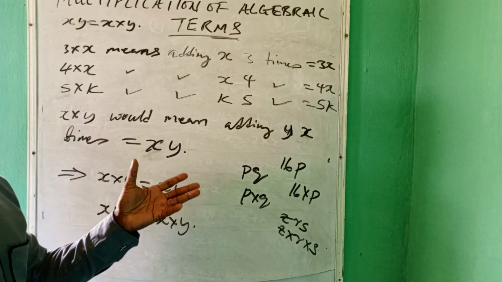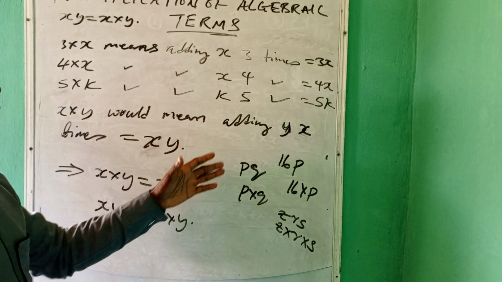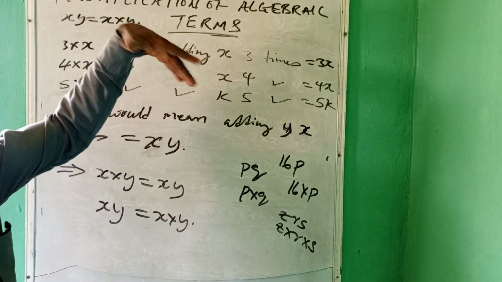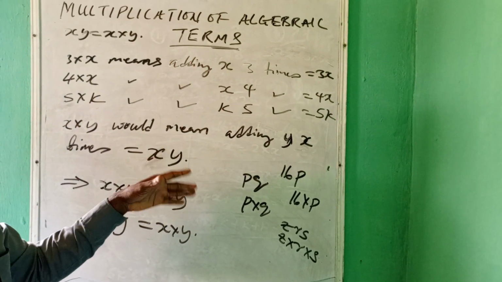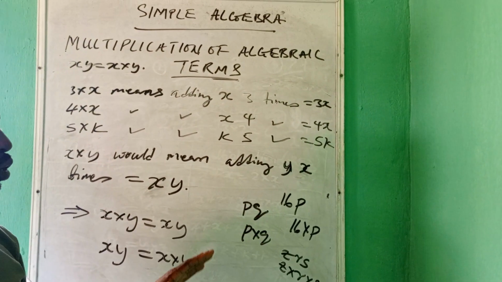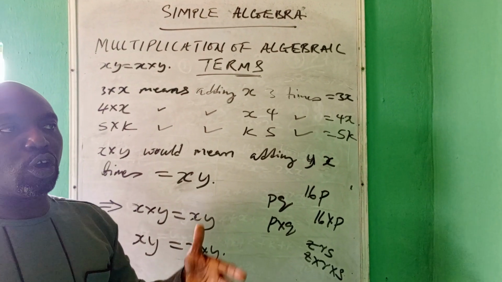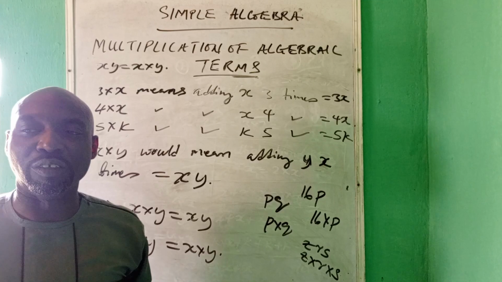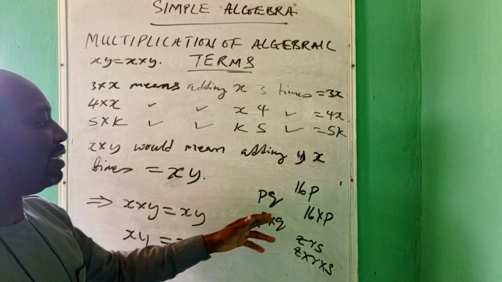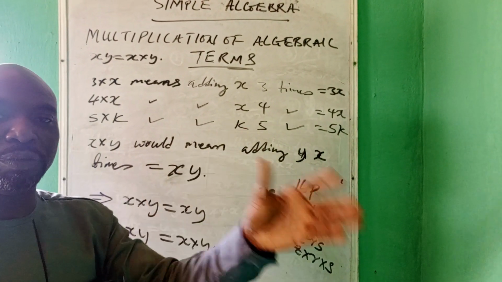We are starting from scratch and we are going to build up from here so that as we get into higher algebra, when we say some of these things, it will not look as if in mathematics we just cook up things and impose it on you that 16p means 16 times p.